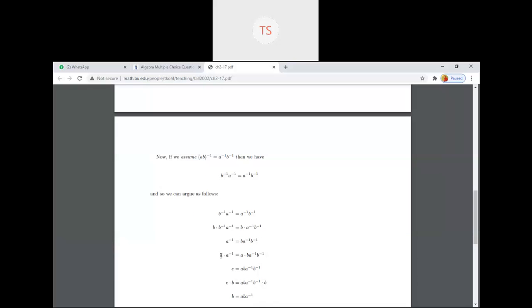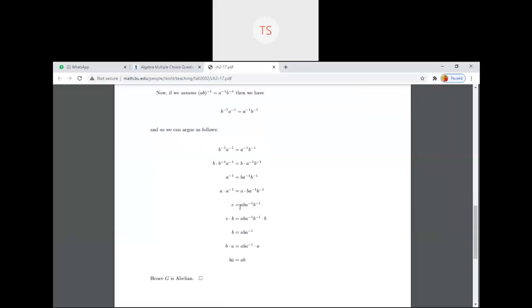Now this a and a inverse will get cancelled, and I can write the identity element e. And the right hand side will become ab into a inverse b inverse. Okay. So again, in the next step, I have multiplied b to both sides, that is left hand side and right hand side.